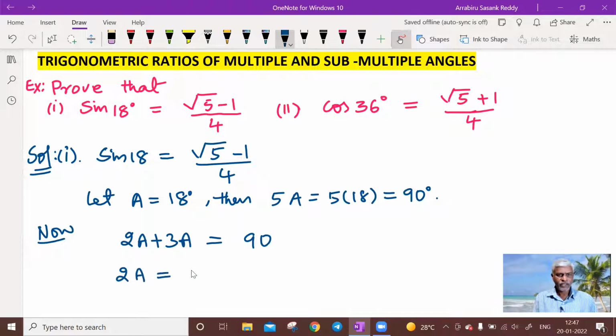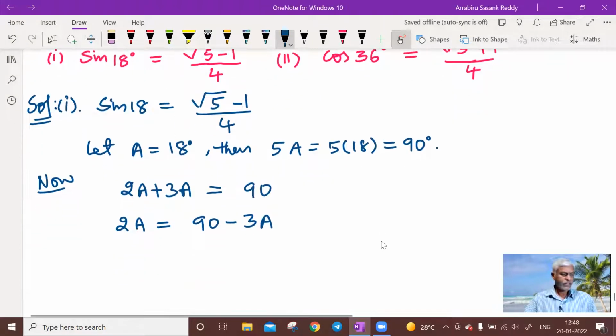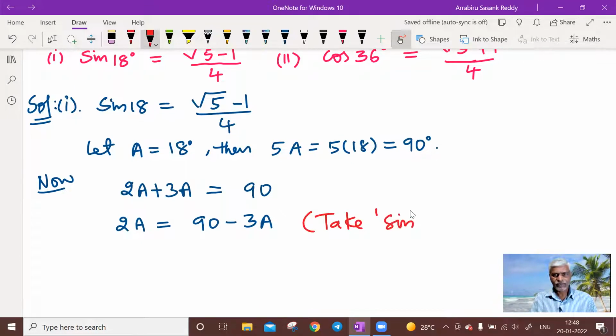And 2A is equal to 90 minus 3A. Now taking sine both sides.